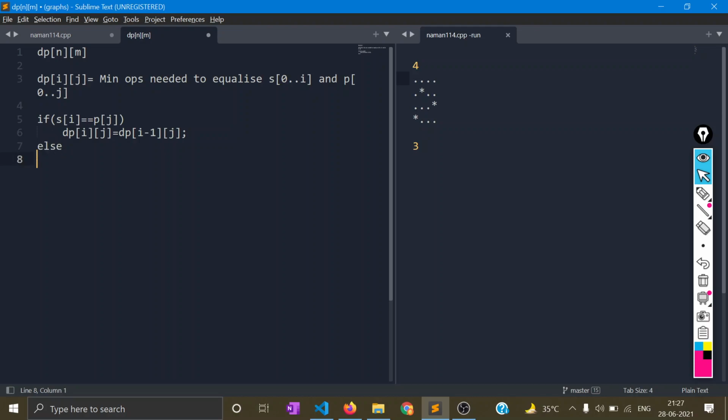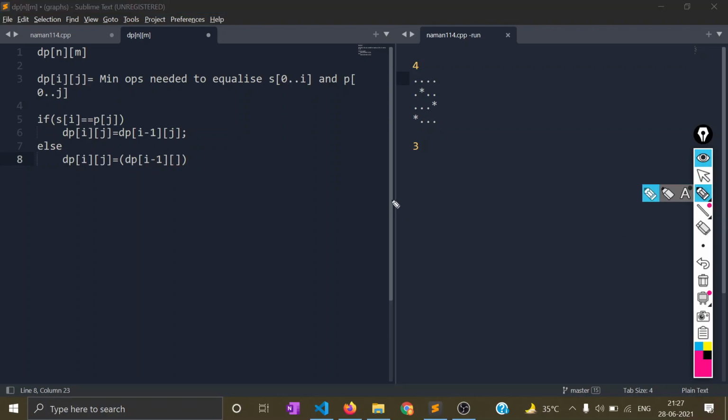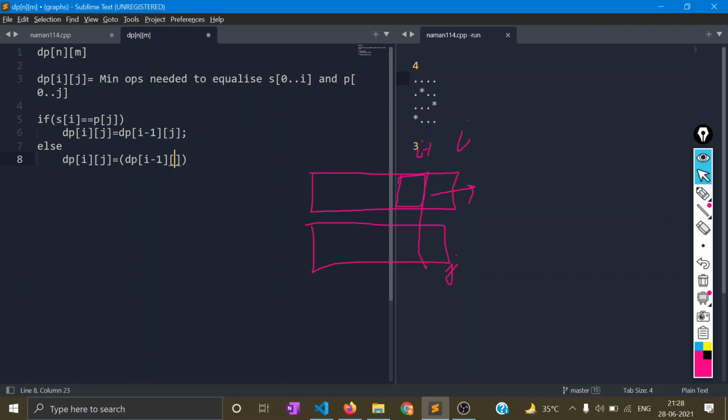But if it is not equal, then for dp[i][j], what are the three possibilities? Either we can remove i, and then at the i minus 1 position we would compare with the j position. This is the first condition.